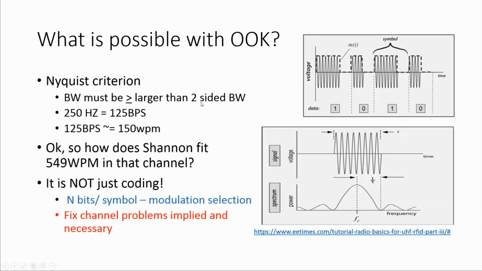Some people say you need 2 times the maximum rate. We really need 1 times the two-sided bandwidth. So the rate, 2 times this rate, would be twice this. But if you just say the two-sided bandwidth, which we'll explain more in a minute, then Nyquist equals two-sided bandwidth.